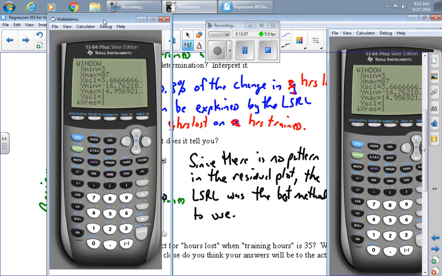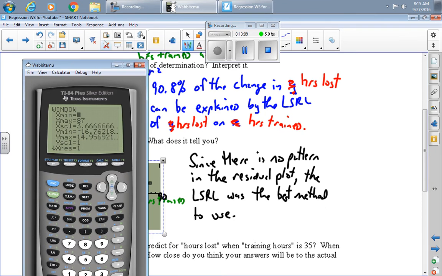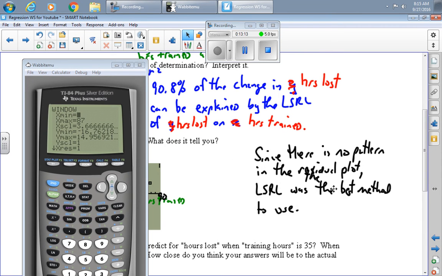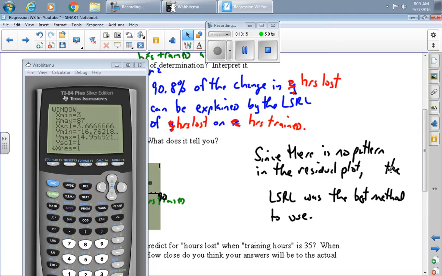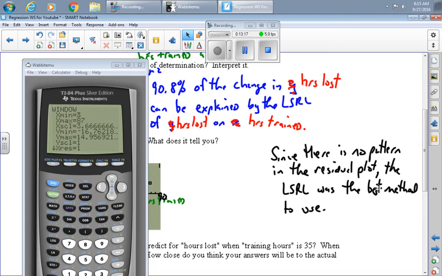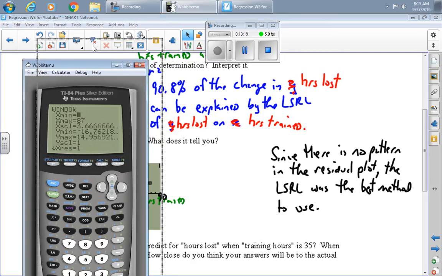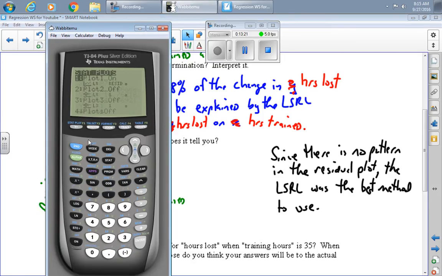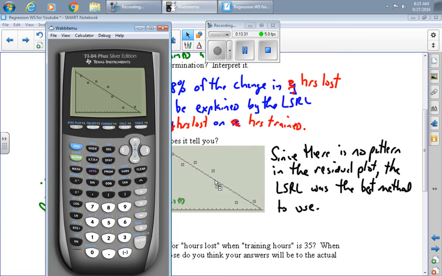Now I also think it would be good perhaps to see this. So let me move this stuff over. And then I'm going to show you one other thing. If I go back and make my regular graph, so L1 and L2, and I hit zoom 9, and I see this line on here, and I'm going to drag this down here.